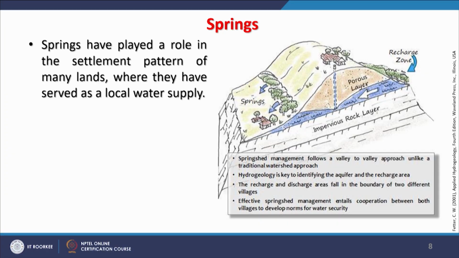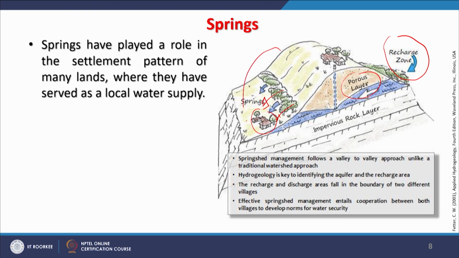As you can see here on this schematic diagram, there is a recharge zone, because after all the water which is coming out of springs has to have a recharge zone. In this example this is the recharge zone, and the water is coming through the porous layers and the spring is appearing here, and therefore you are seeing vegetation, habitation and everything. This is typically what is happening in the Himalayan region.